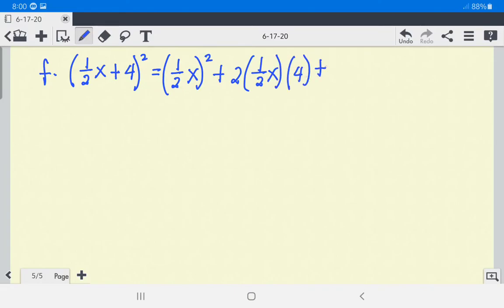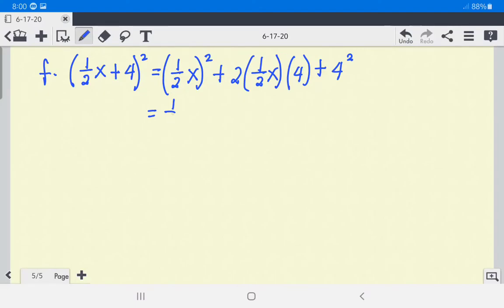Then plus 4 squared. So we have to use again the law of exponents. We have 1/2 squared, that is 1 squared, we have 1, because 1 times 1 is 1. 2 squared, we have 4, because you have to multiply 2 by itself.